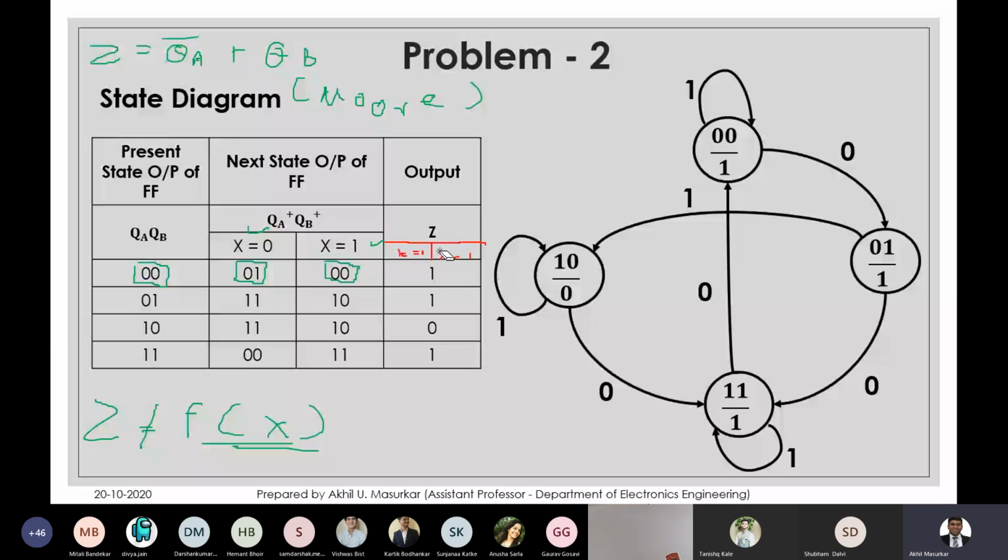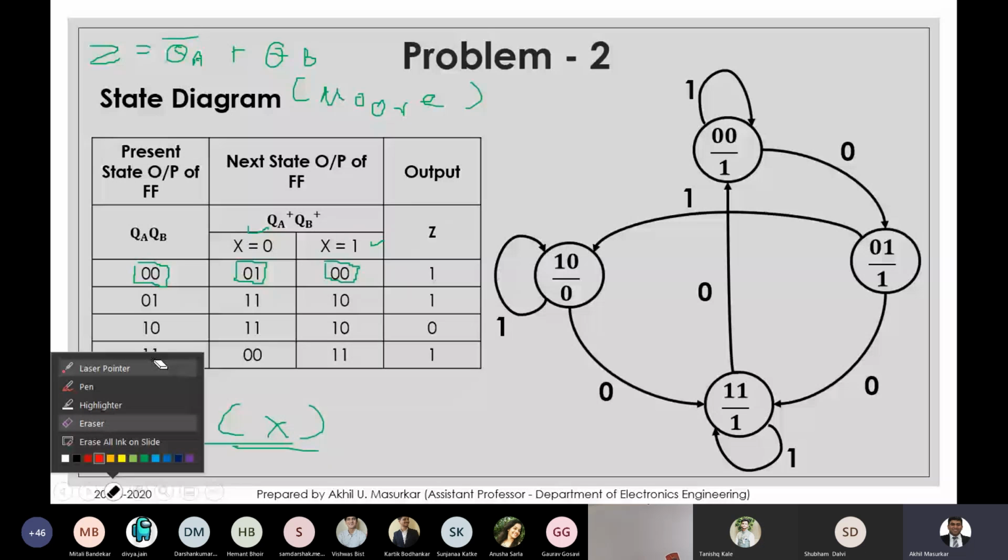For a Moore circuit, the output is attached to the present state. And for a Mealy circuit, the output is not attached to any state. It depends on the value of x. Have I cleared your doubt? Yes, sir. Understood, sir.